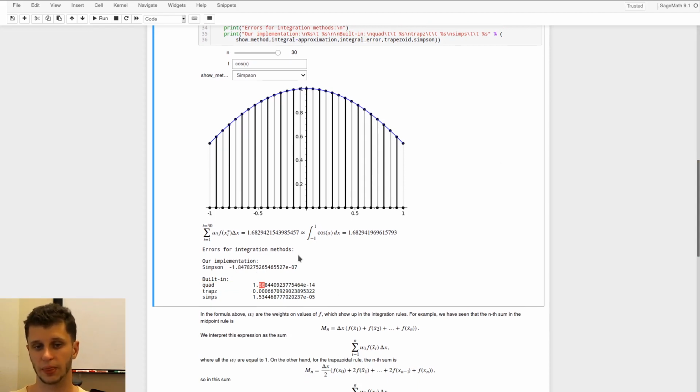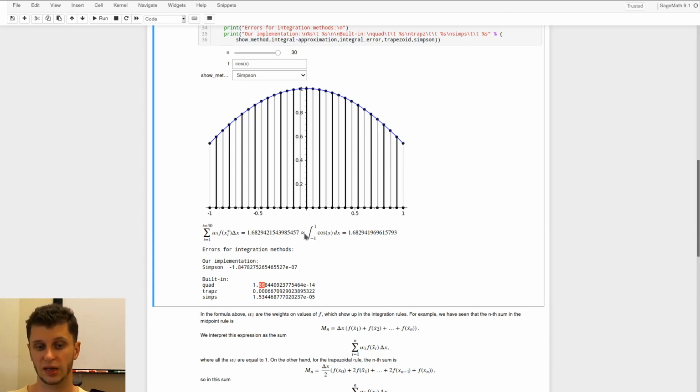The standard double precision means that you store a single floating point number in 64 bits of memory, and that allows you to store numbers down to about 10 to the minus 16th.